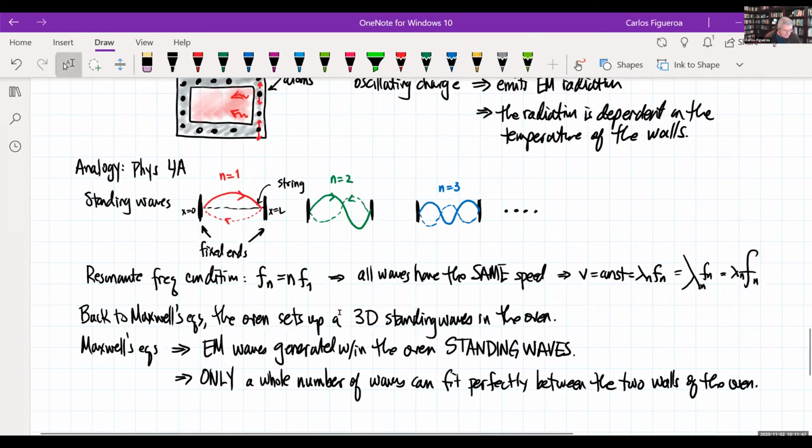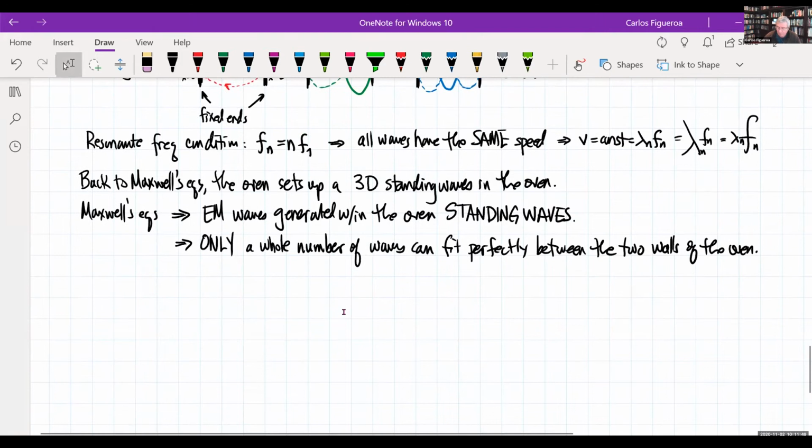Right? Only those. And so I'm going to use this word very, very carefully. This reduces the number of available wave modes. If you don't have a whole number of waves, or half waves, let me be careful, then those will never occur.